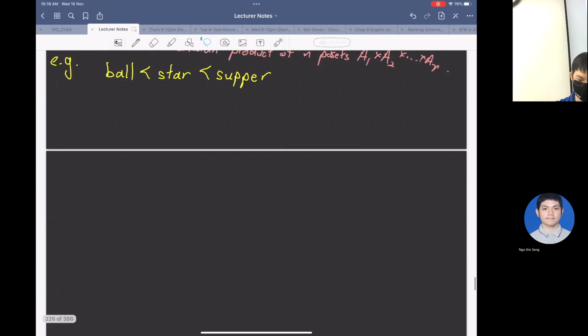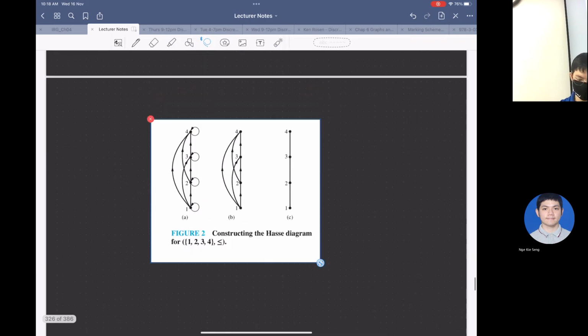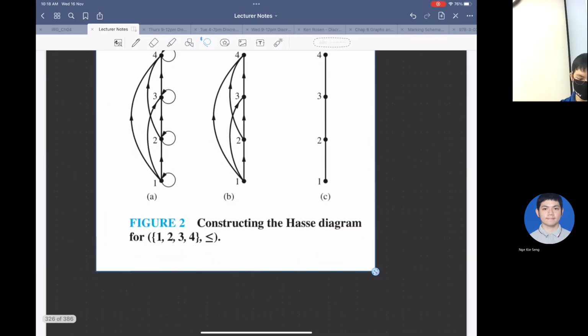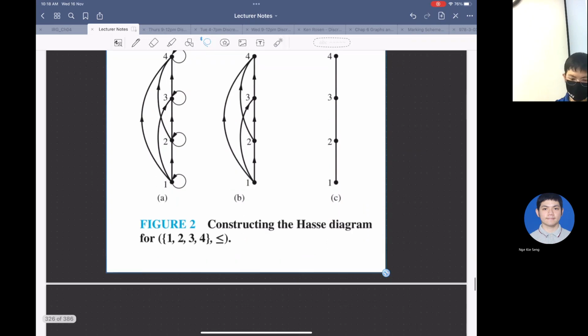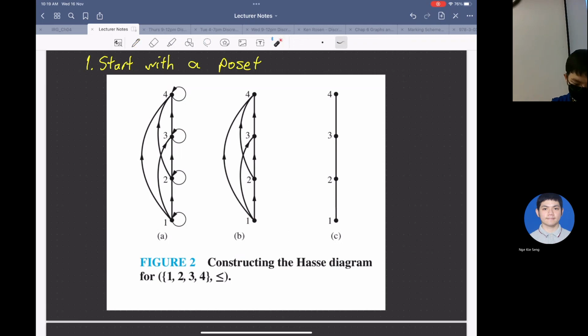So for the Hasse diagram, first you start with a poset. Okay, so you draw arrows for every relation.